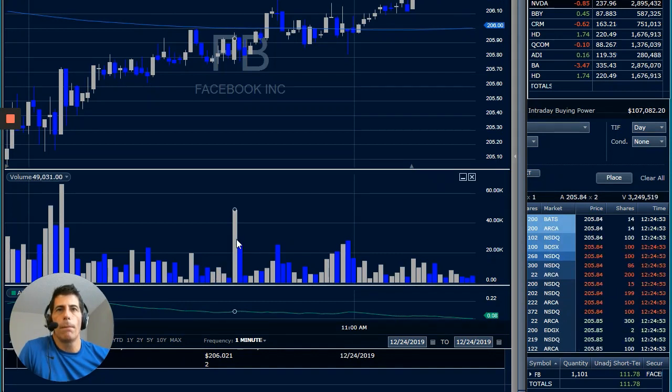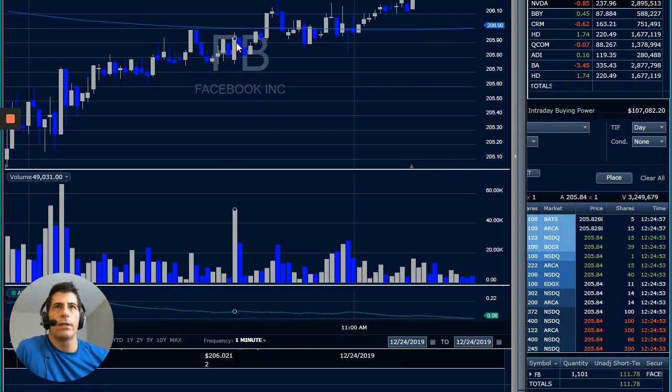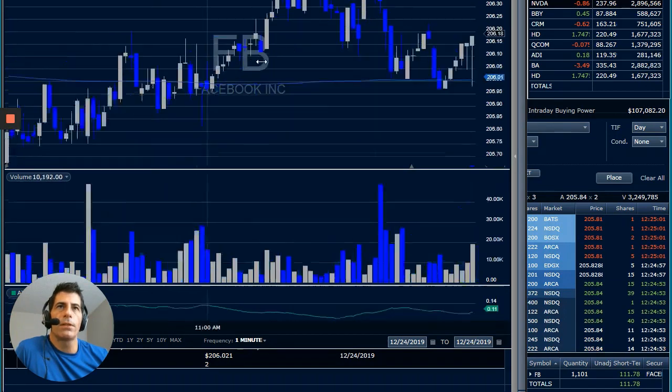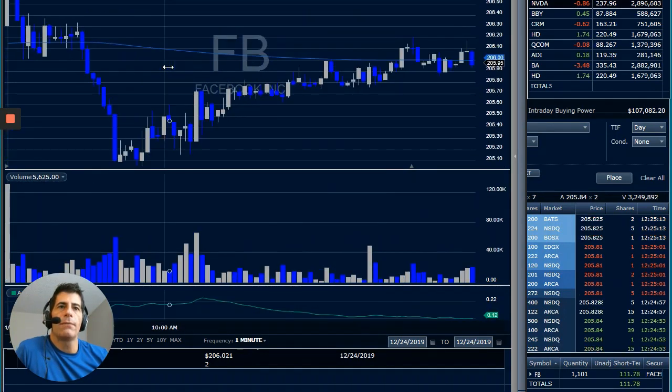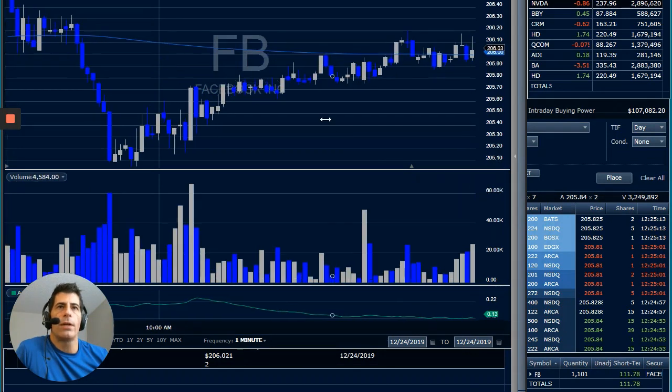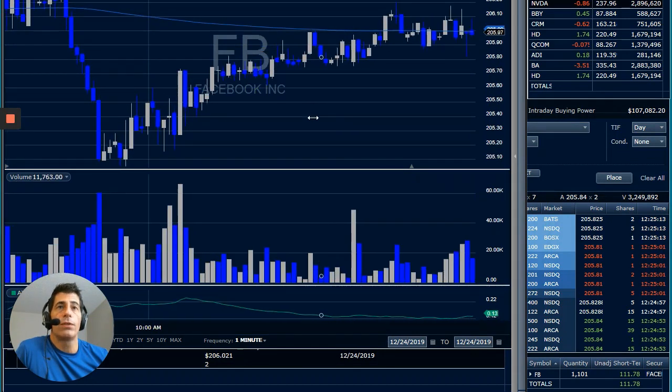Use volume, use big volume to think in terms of institutions finishing up as a buyer or a seller. In this case, when I saw this candle, this was at 10:38. I was still shorting because I thought of this kind of uptrend retracement back to the 200 period moving average. I figured whatever buyer was out there was done for the day.